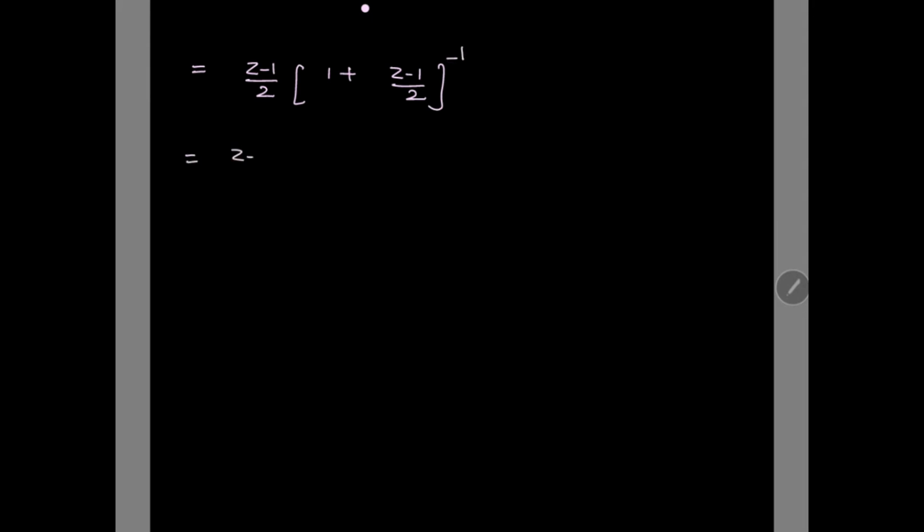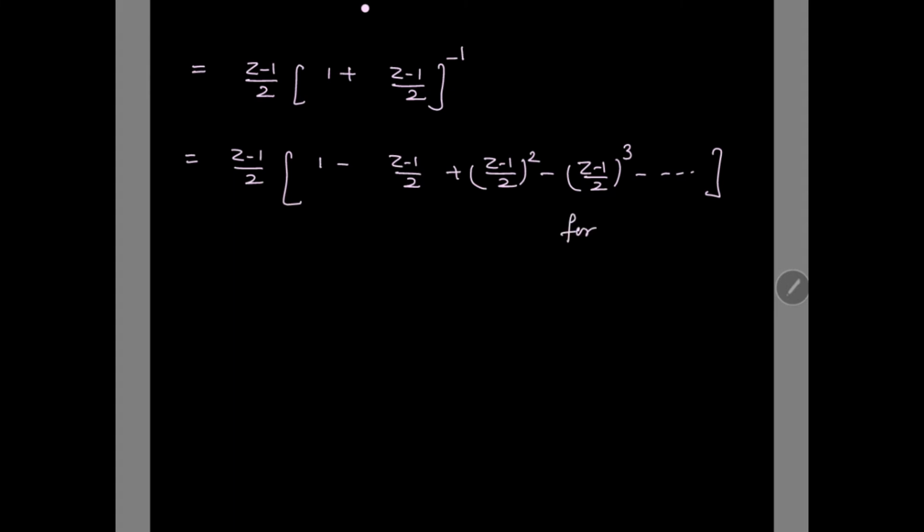So this is (z − 1)/2 expanding 1 − (z − 1)/2 + ((z − 1)/2)² − ((z − 1)/2)³ and so on.